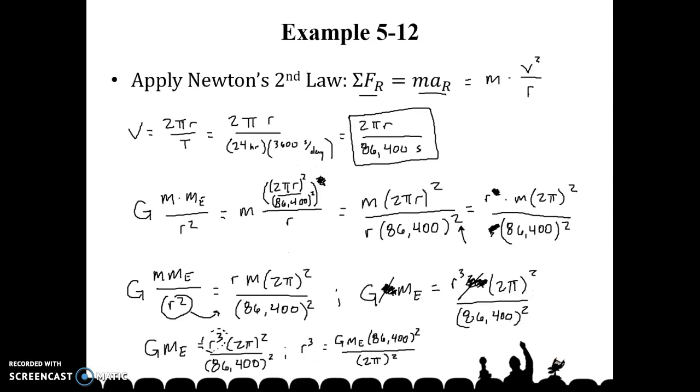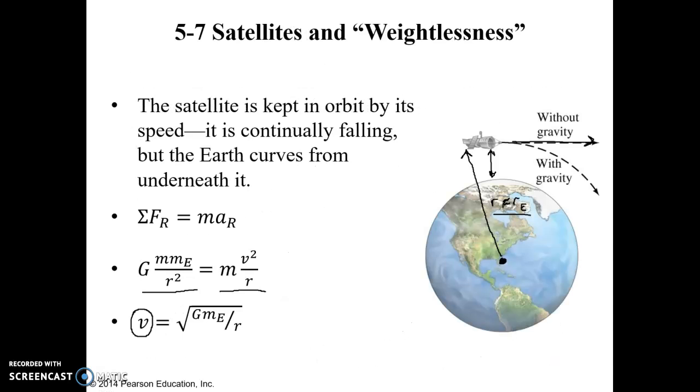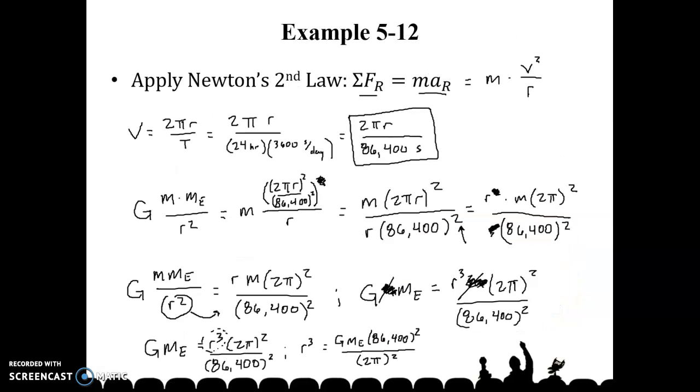To calculate the velocity of the satellite, if we just look back to right here, earlier in our solution, we had already found that the formula for velocity, that's one of the very first things we did, is equal to 2 pi r over 86,400. So to find the satellite speed, the velocity is equal to 2 pi r over 86,400.